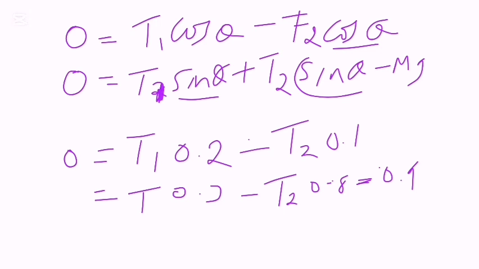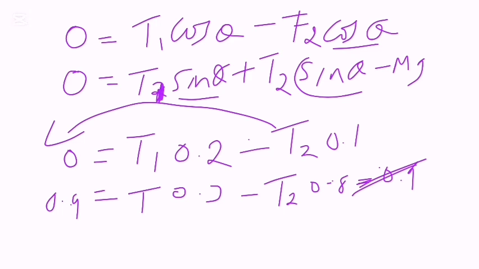So 0.9 will go this side. The terms will cancel because here it will be plus. So then you have two simultaneous equations. You can use any method to solve them. If you like the substitution method, you can get T2 to go this side, then replace it in the equation. So this is simple.